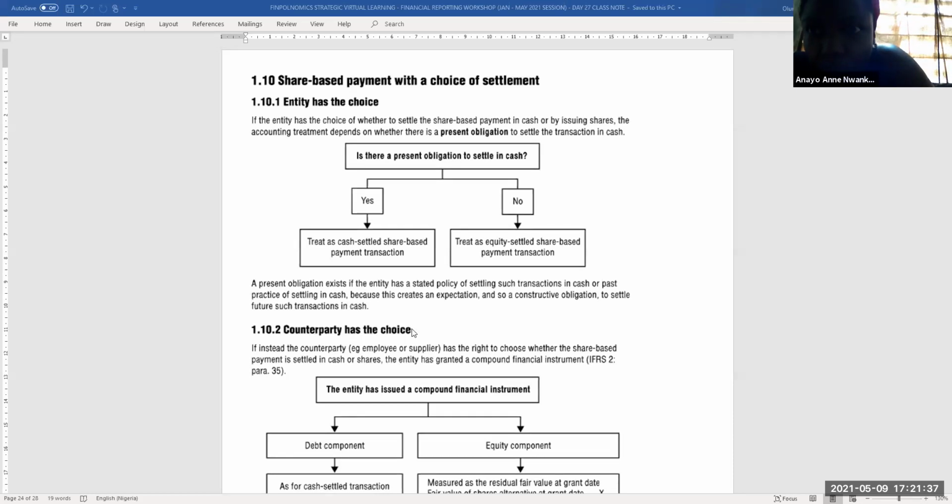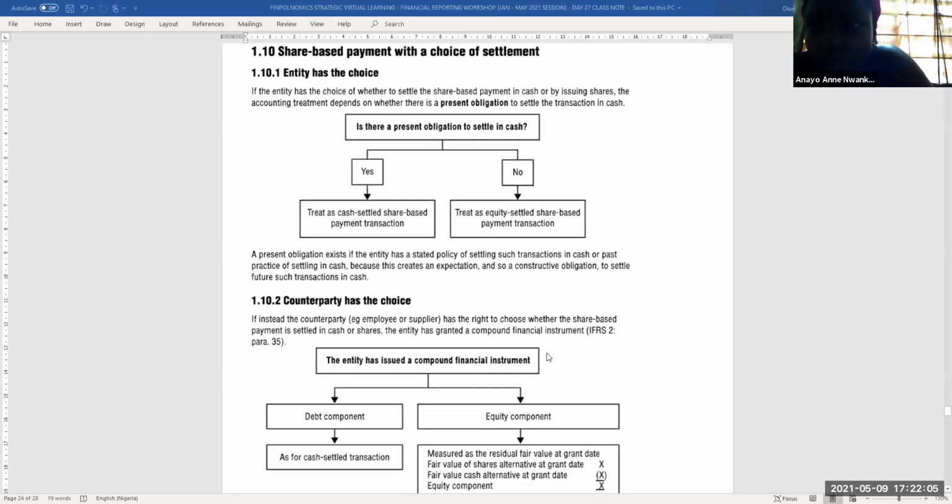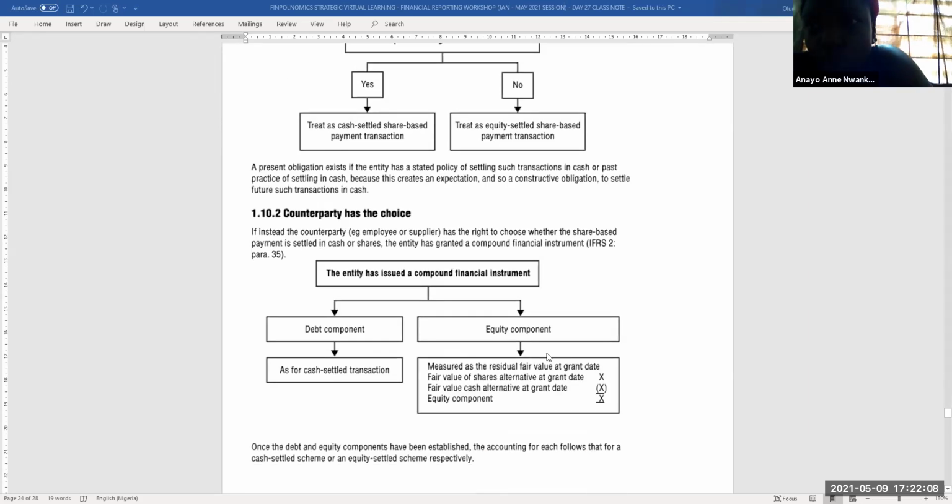If yes, treat as cash settled share-based payment transaction, and if no, treat as equity settled share-based payment transaction. A present obligation exists if the entity has a stated policy of settling such transactions in cash or past practice of settling in cash, because this creates an expectation and so a constructive obligation to settle future such transactions in cash.